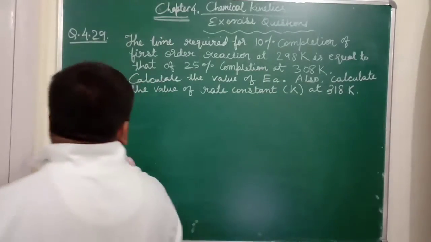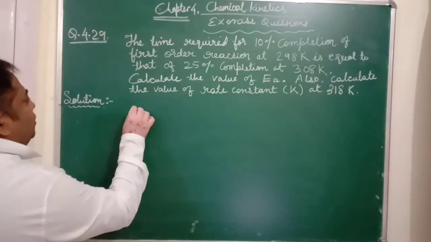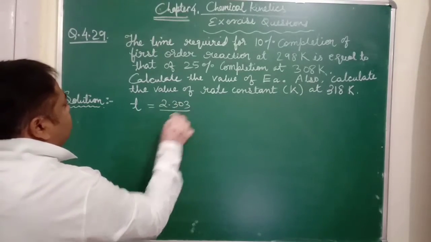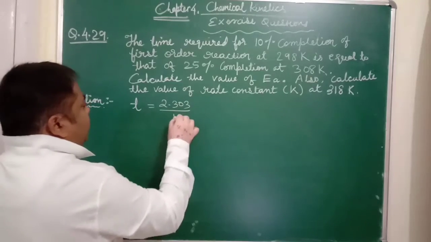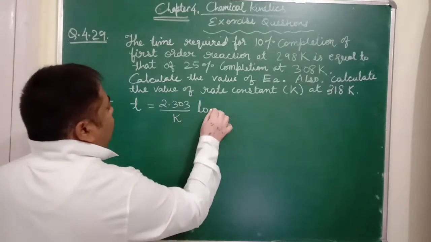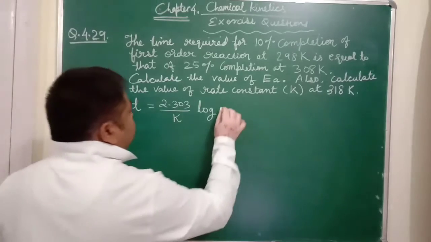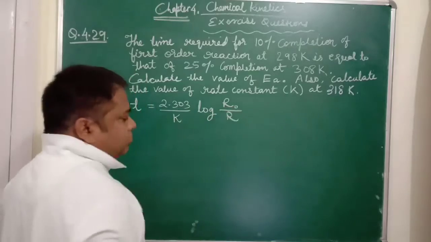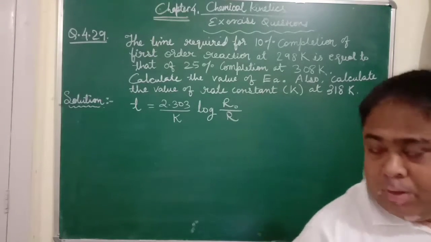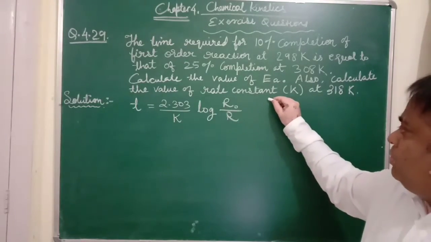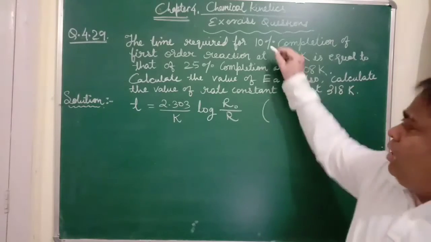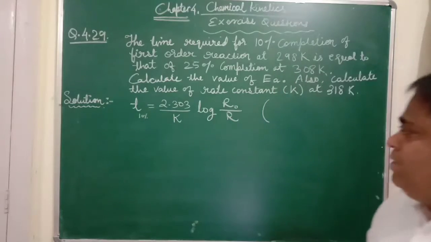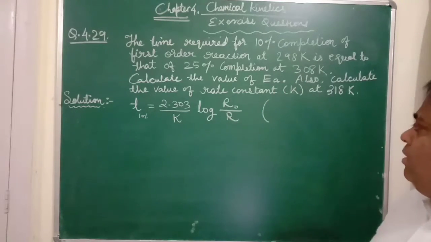So we know that t is equal to 2.303 by k log R0 by R. Now, if I talk about the time taken for 10% completion, when 10% is complete, how much R will be remaining?